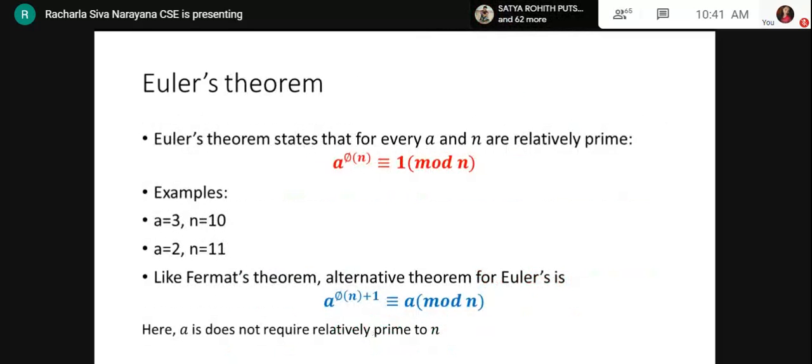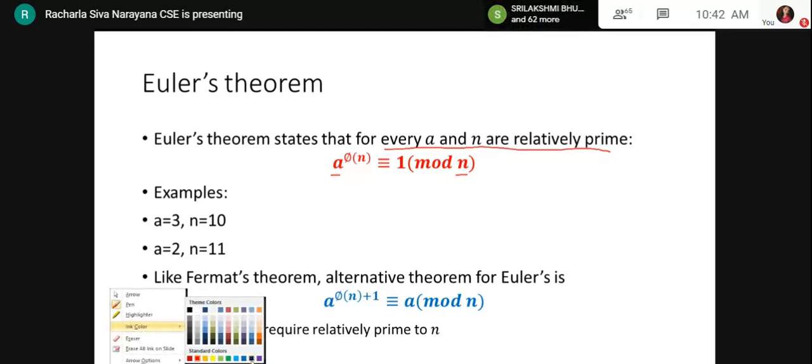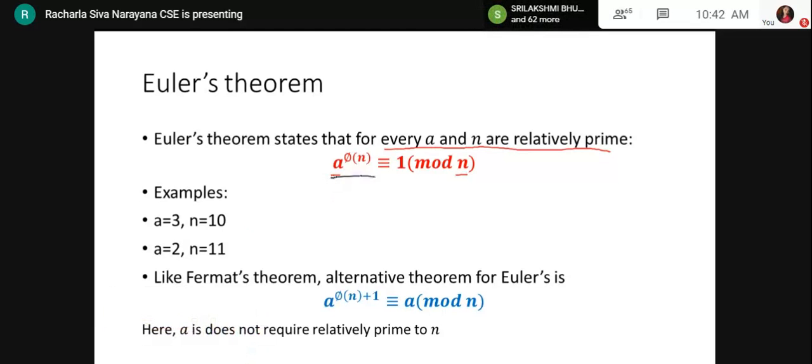Now we are moving to Euler's theorem. Euler's theorem states that if a and n are relatively prime, that is, the GCD of a and n is 1, then a power phi of n is congruent to 1 mod n.